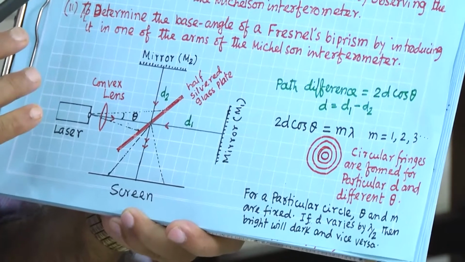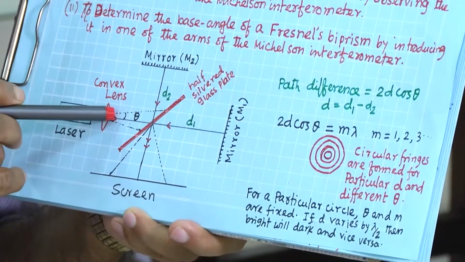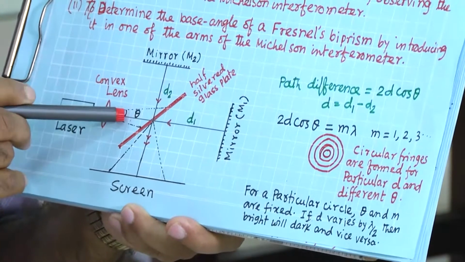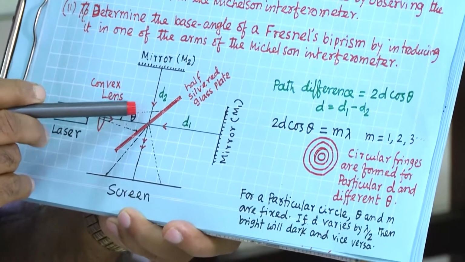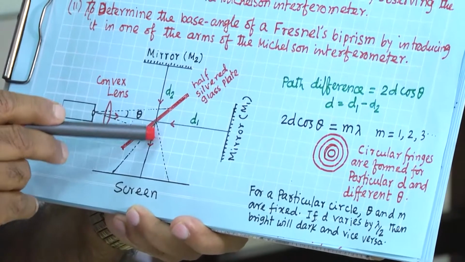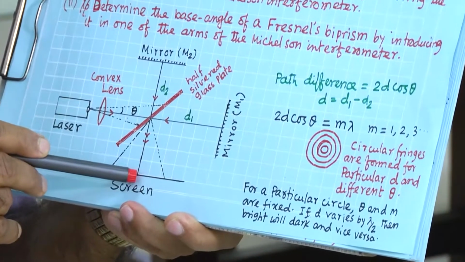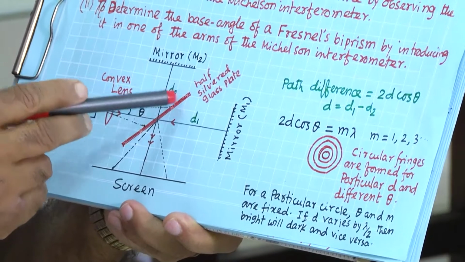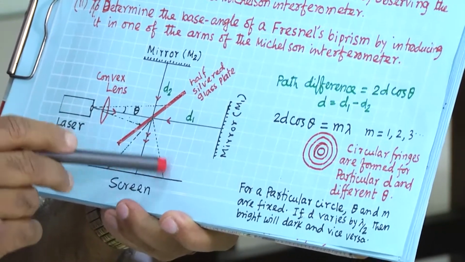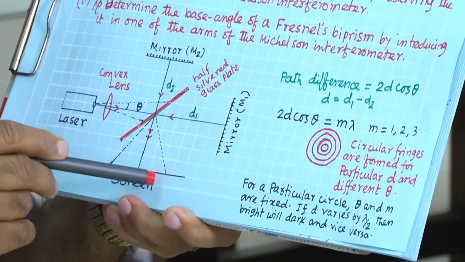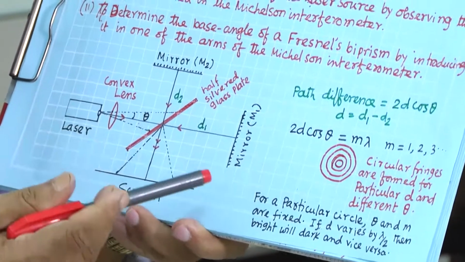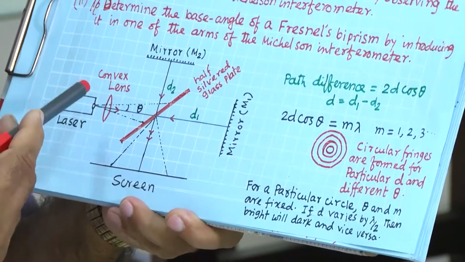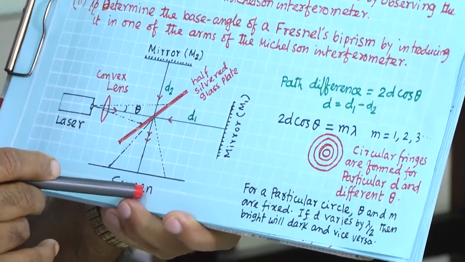If we consider another ray coming in this direction, the dotted line, making an angle theta, then the perpendicular ray will form the central fringe at the center. The dotted-line rays come at different angles, so they will form the other fringes. Here the angle of inclination will change and we will get different orders of fringe.